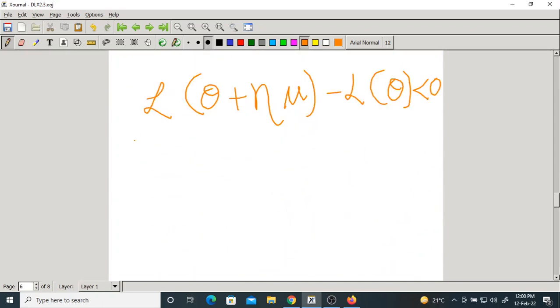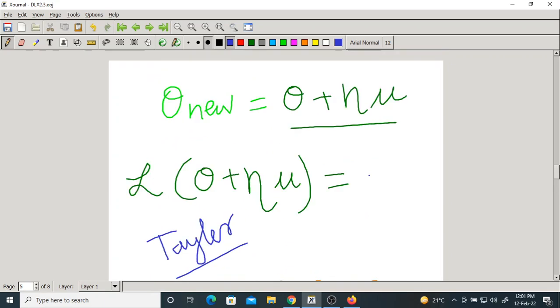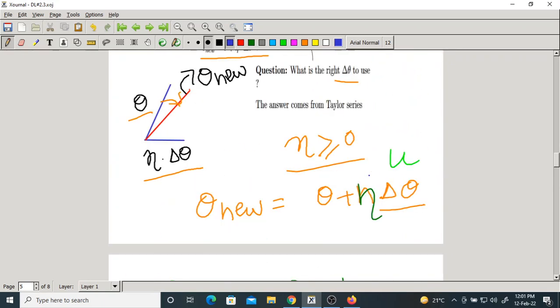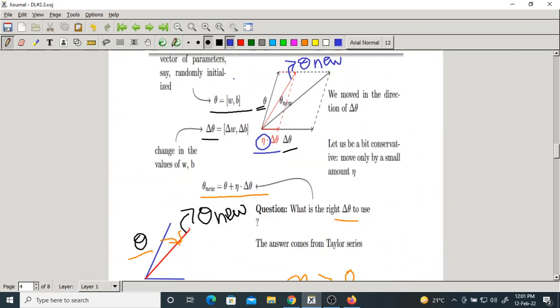Obviously, this means u transpose into del of L of theta should be a negative quantity. Please remember, u means a vector actually. What is u? Delta theta. It is a vector of two parameters. This is in R2. This is also in R2.